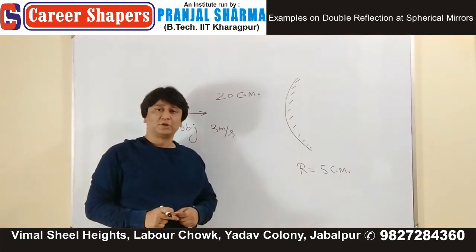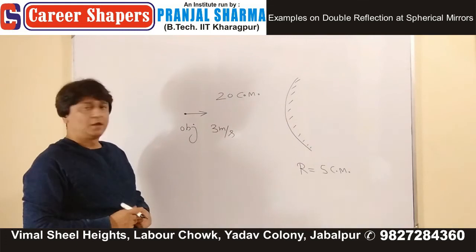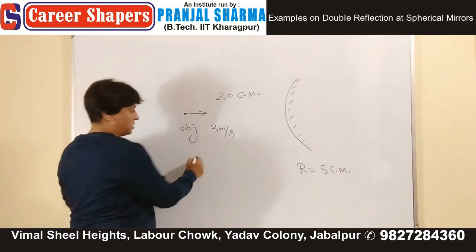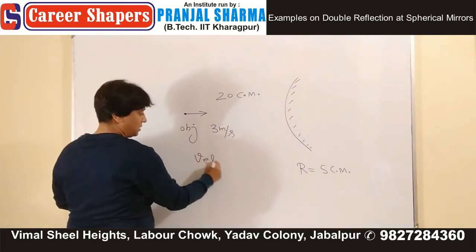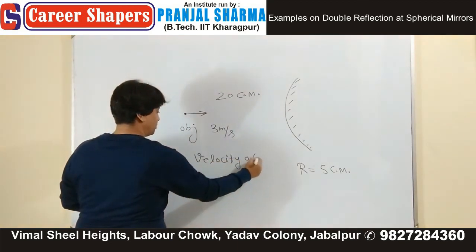The object is approaching the pole with a velocity of 3 meters per second, and we need to find the velocity of the image.